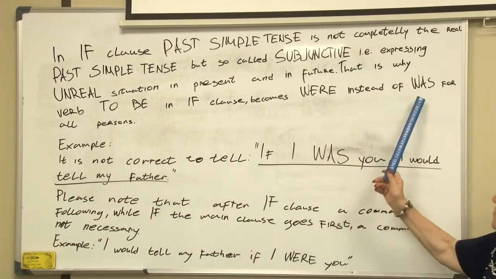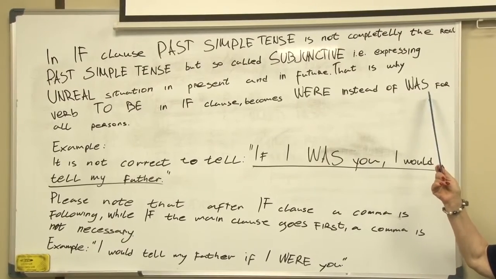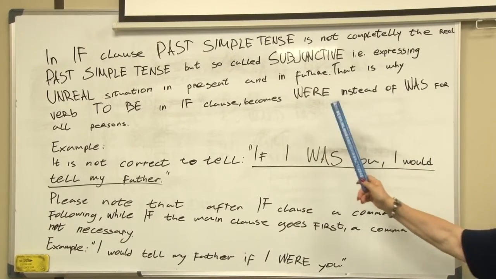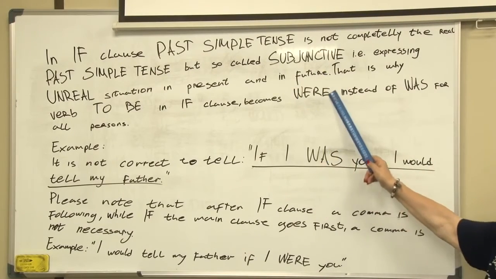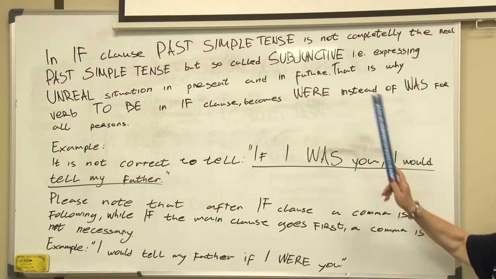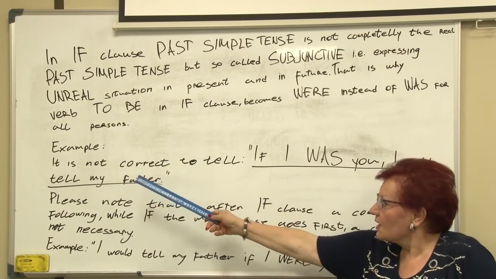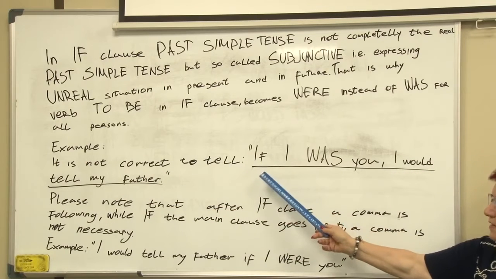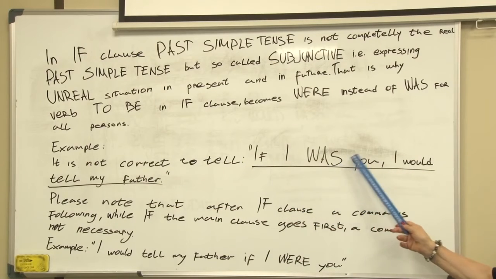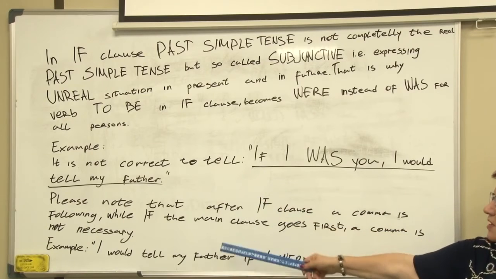So was will be in normal past simple tense for some of the persons, but in this case in all persons, including I, were instead of was. So we have the example. It is not correct to say, if I was you, I would tell my father.